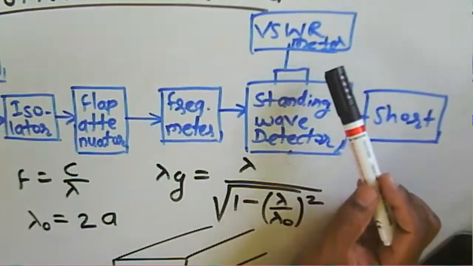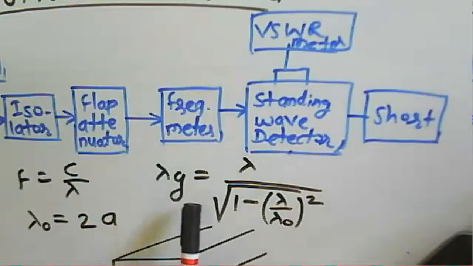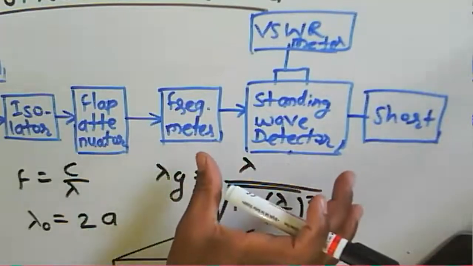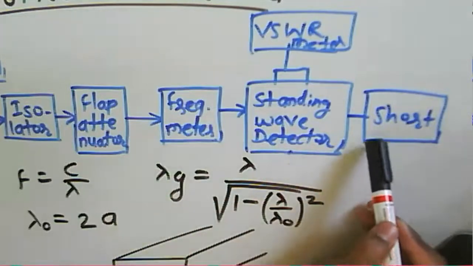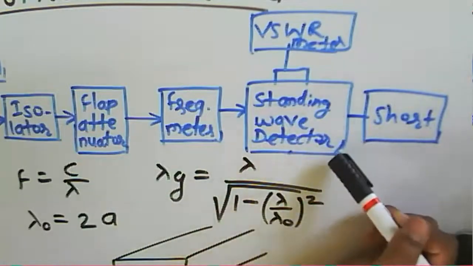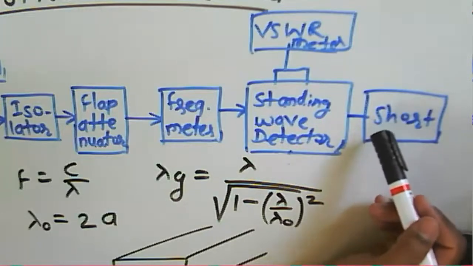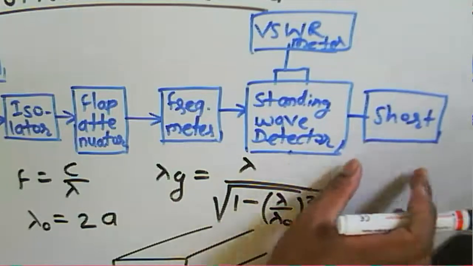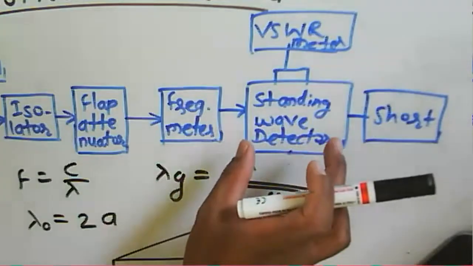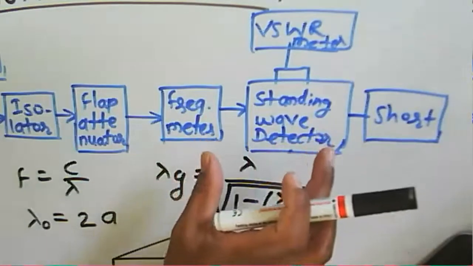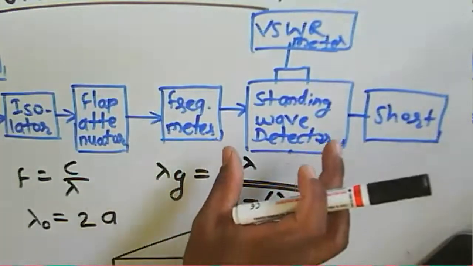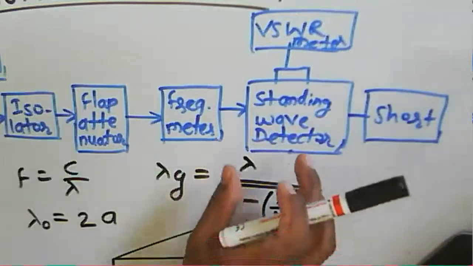Now, to find the guide wavelength here, we need to terminate the microwave bench with a short. So one end of the standing wave detector is connected to the short. Because of the short, the standing wave pattern in the standing wave detector is generated.